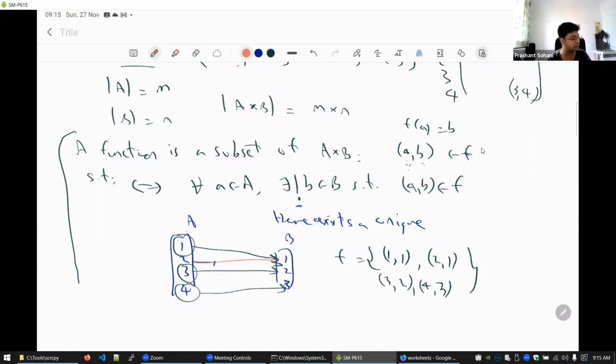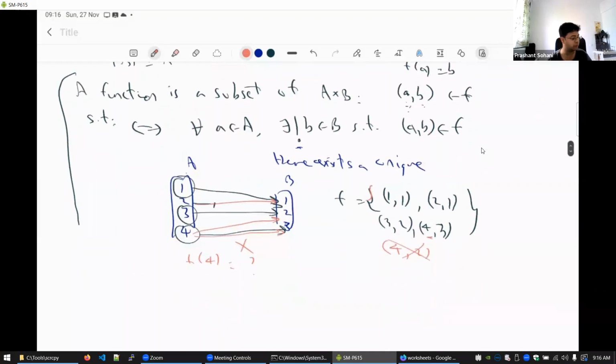Conversely, suppose some element maps to more than one. Let's say 4 maps to 3 and 4 also maps to 2. This is not allowed, right? Then how we define f of 4 is ambiguous. So f cannot have both 4,3 and 4,2. 4 has to appear exactly once, but it has to appear.